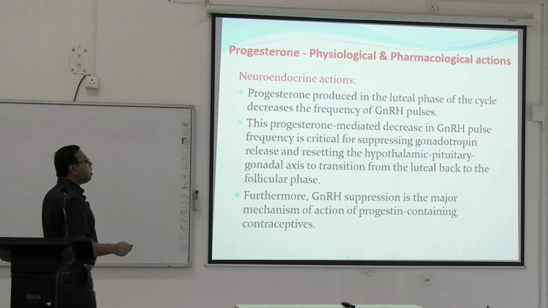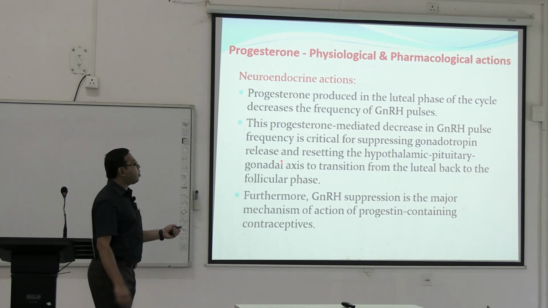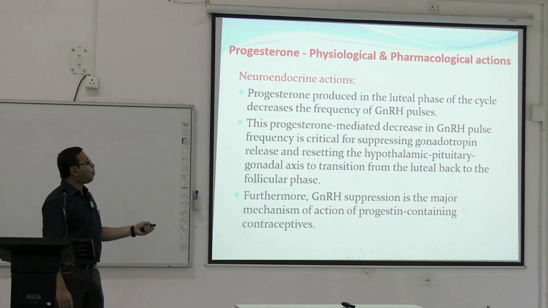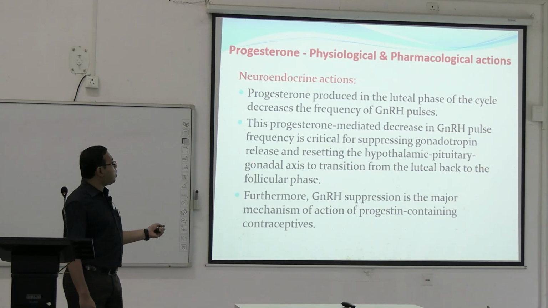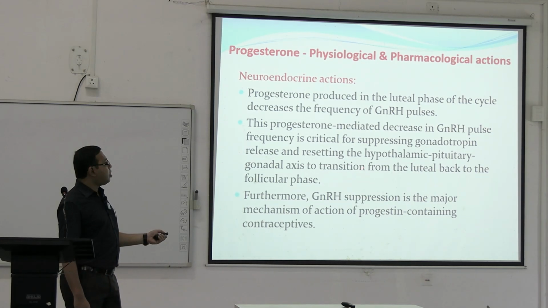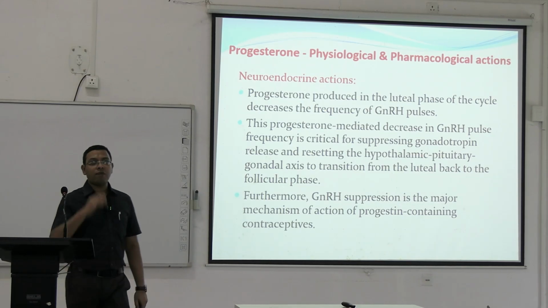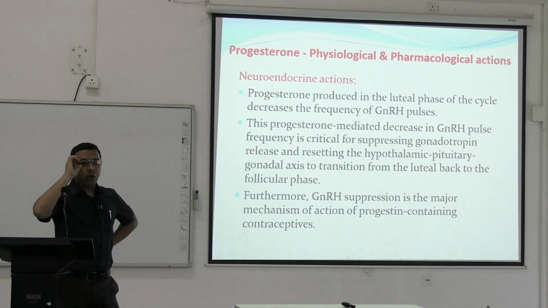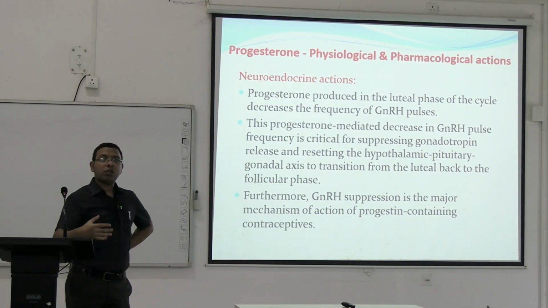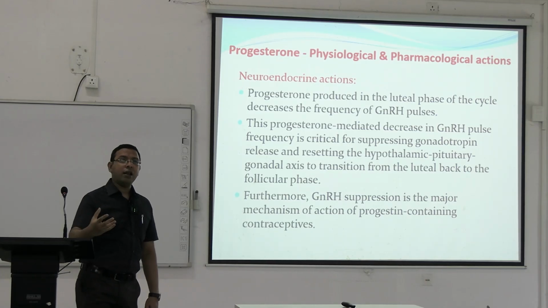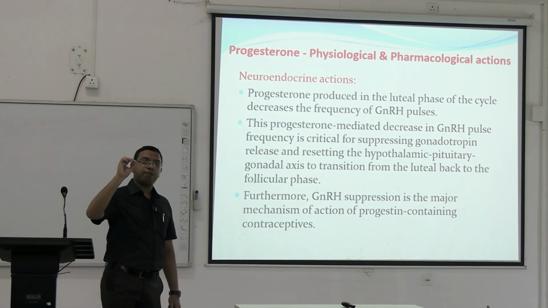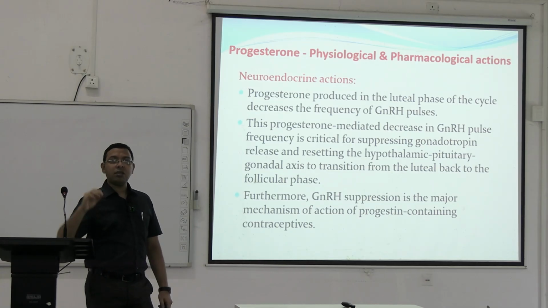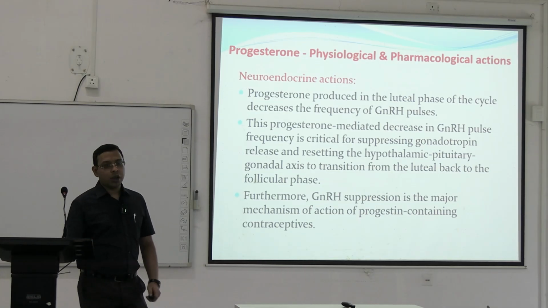This progesterone-mediated decrease in GnRH pulse frequency is critical for suppressing gonadotropin release and resetting the hypothalamic-pituitary-gonadal axis to transition from the luteal back to the follicular phase. So ultimately the cycle continues. When progesterone is secreted, that decreases the GnRH release, ultimately the LH and FSH pulses are decreased, so again it goes into the follicular phase.